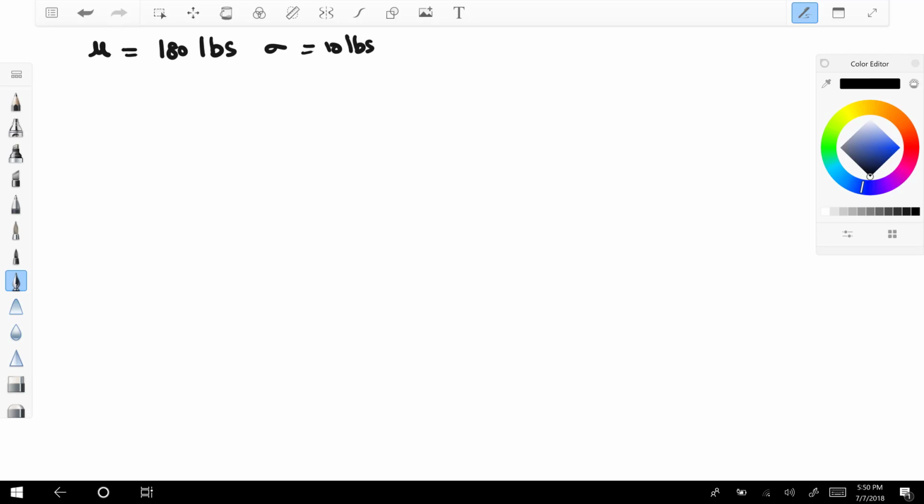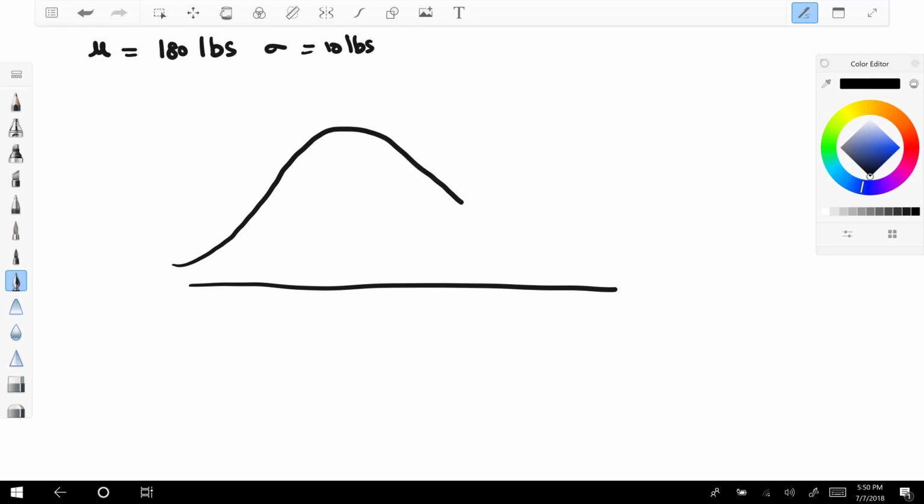Our normal distribution is bell-shaped, and the center is our mean, 180.